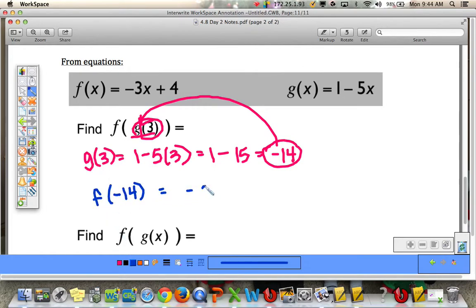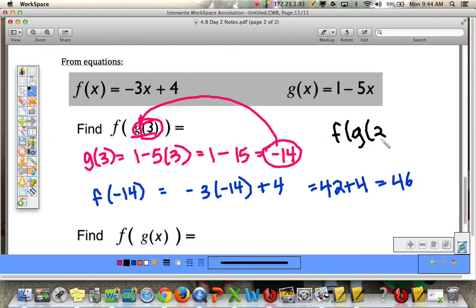So plug that in, we'll have -3 times -14 plus 4. Grab my calculator here. So -3 times -14 is 42. 42 plus 4 equals 46. So we say f of g of 3 equals 46. So use the answer from the inside function to plug in and find the answer of your outside function.